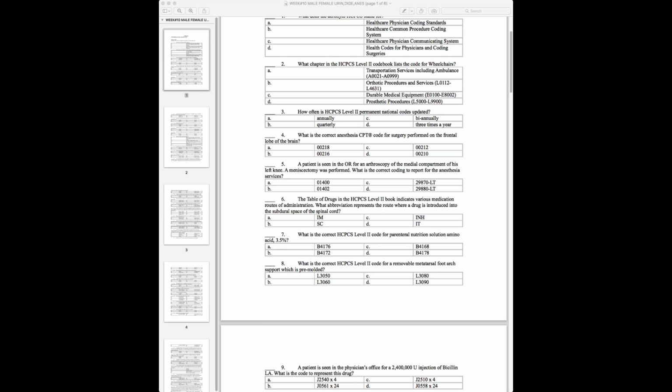That provider can't get the global, 59400, because he didn't provide the prenatal care. So you have to read your question. Is he just going to deliver the baby and then do aftercare, because there's a code for that, or is he delivering the baby only? Pay attention to exactly what that provider is going to do.